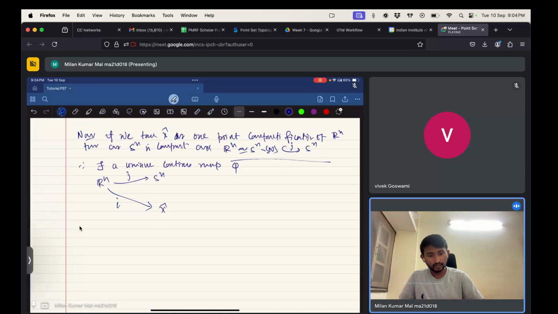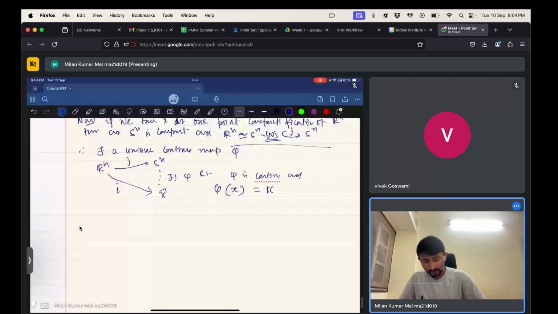That point is the capital N. So there should exist a unique continuous map phi such that phi of Jx equals Ix for all x belonging to R to the power n.